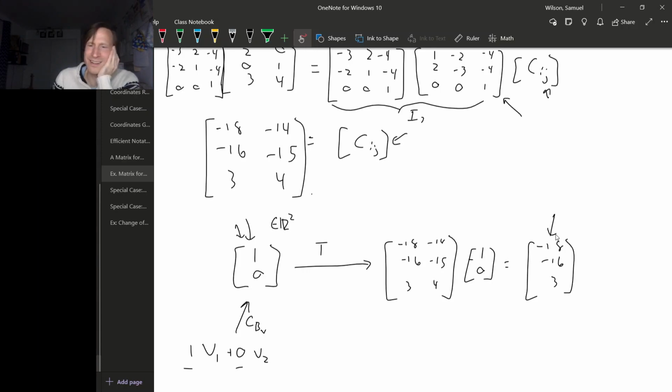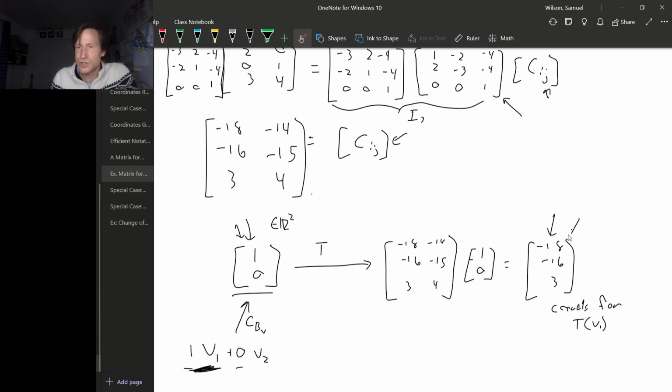So what does this tell us? Well, remember, this should be the coordinates for T of V1, right? Since T of V1 was the vector whose coordinates are 1, 0.